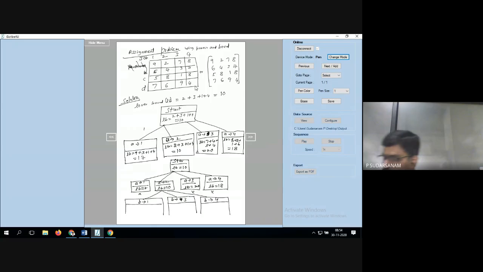Now tell me the lower bound. B is equal to 1 means 6. Previously you have taken A is equal to 2, that also has to be considered. So that is 2 plus... 2 you have considered, 4 you have taken, 6.